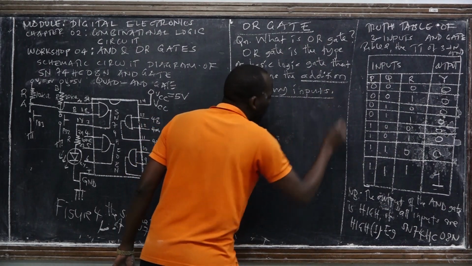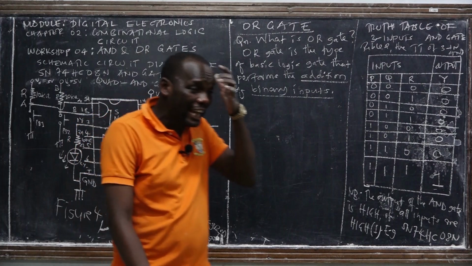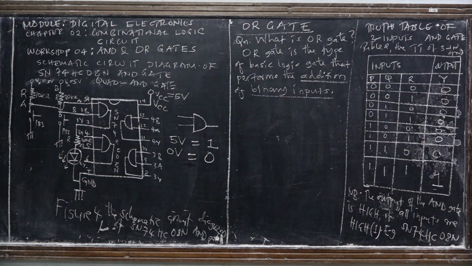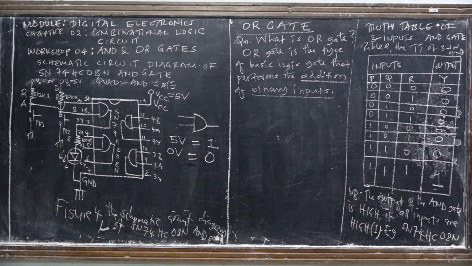Binary inputs. So the AND gate performs what? Multiplication. In decimal numbers, when we were learning about numbers, we were taught about basic operations. In mathematics, you have only 4 basic operations, right? The first one is what? Addition. The second one is what? Subtraction.